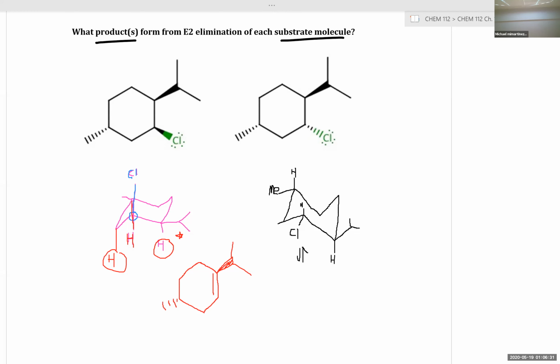It looks good. Just get rid of the wedge on the isopropyl because the alkene is flat. Otherwise, it's perfect. No, the dash is fine, but it's just the wedge.